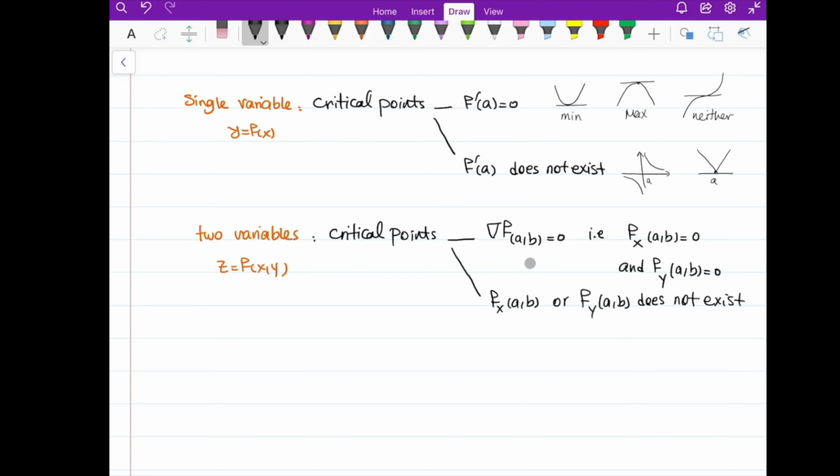So in the first case, both of them should be equal to 0 at the same time to make the gradient 0 at the point, or in the second case, just one of them, if they don't exist, then we have a critical point.